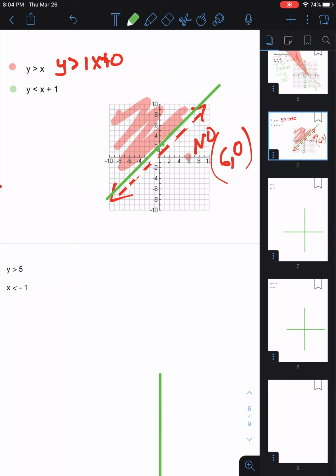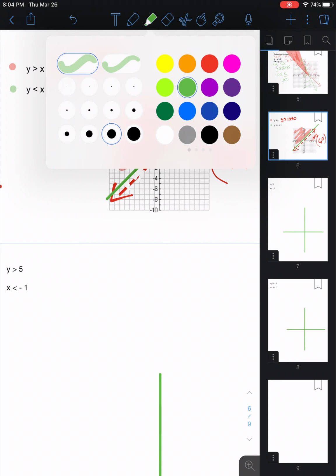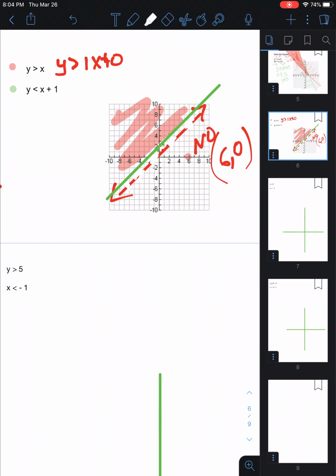That's going to look like this, and again, I got to go over it with white here, and I have to white stuff out because it is not equal to, it's less than. So we'll get a dotted line that way, and this time it's less than x plus 1.